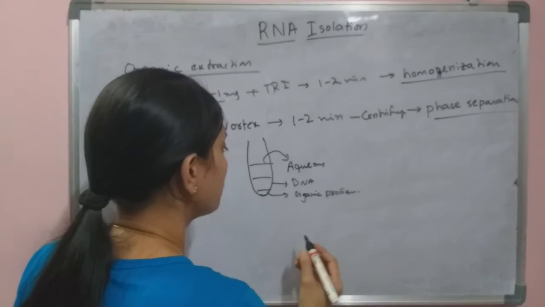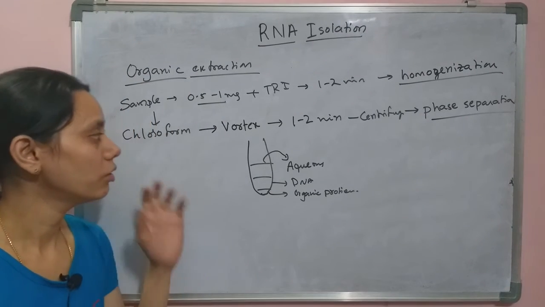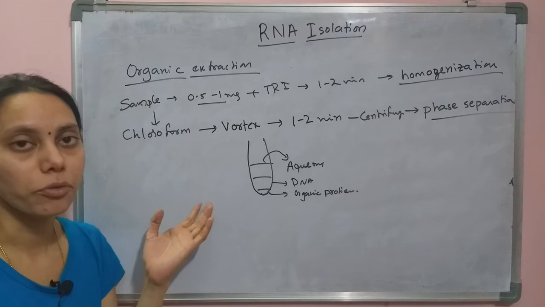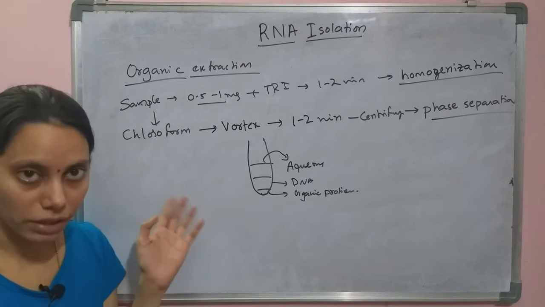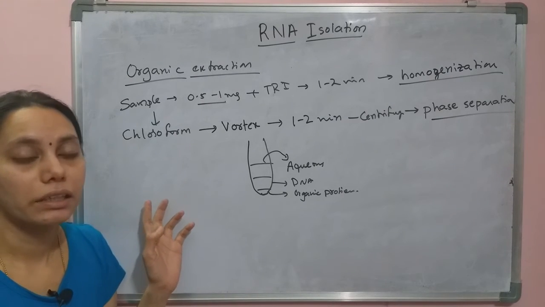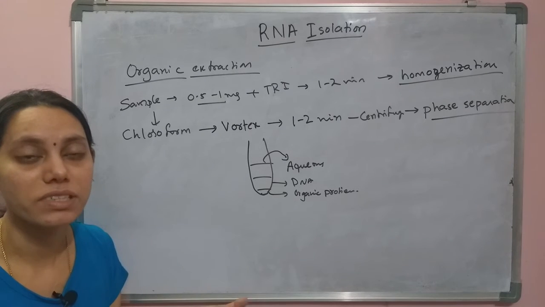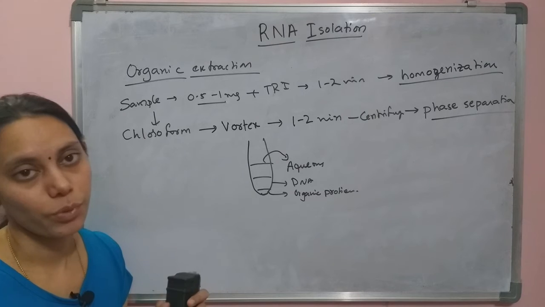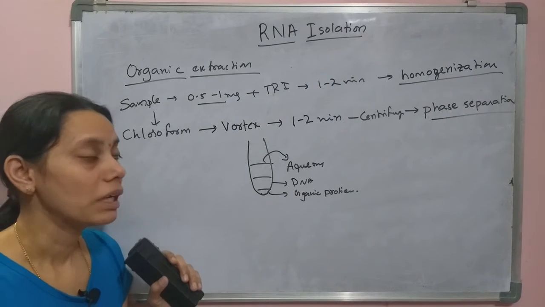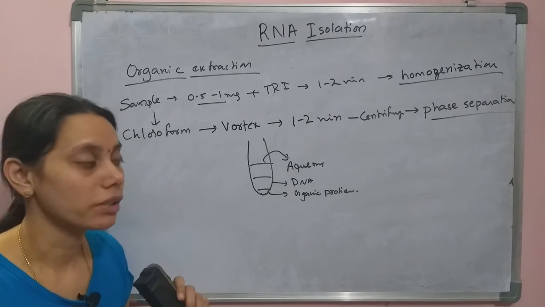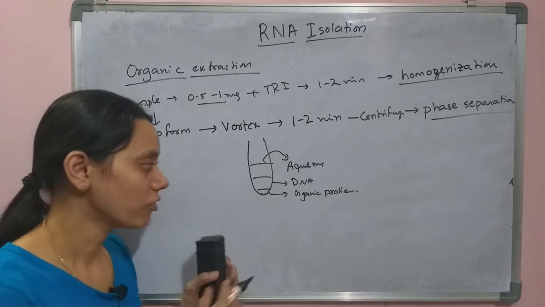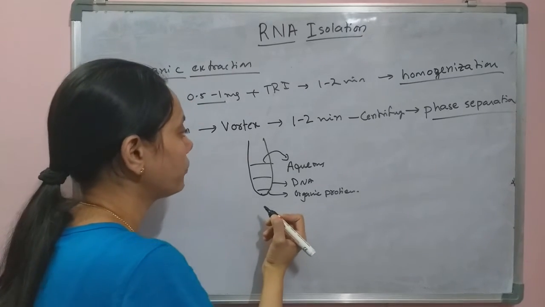Due to the high density and viscous nature of chloroform, which is an organic solvent, the phase separation is possible. So the aqueous phase will be separated and the organic phase will be coming down.